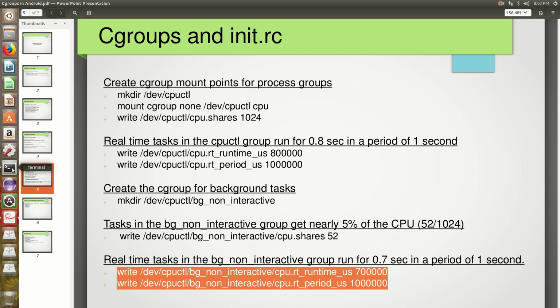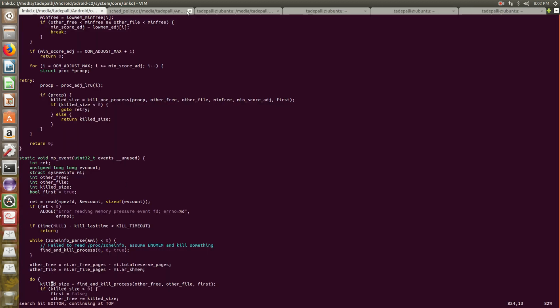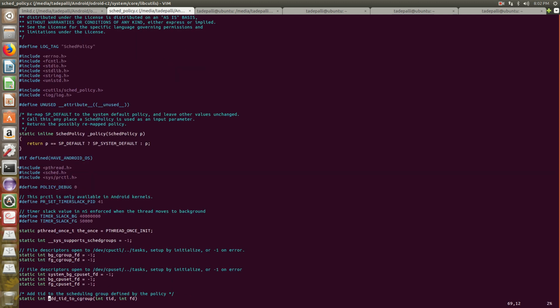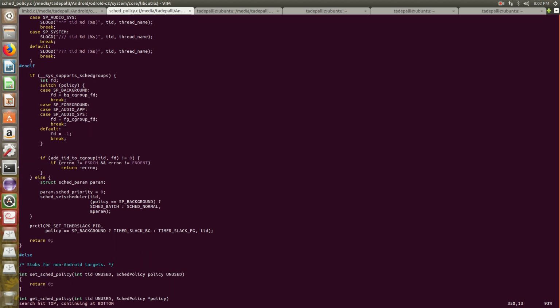Let's now go and see the sched policy source code, wherein we see how this happens. Add tid to C group is the function which actually handles this. This is where you add a tid to a C group.